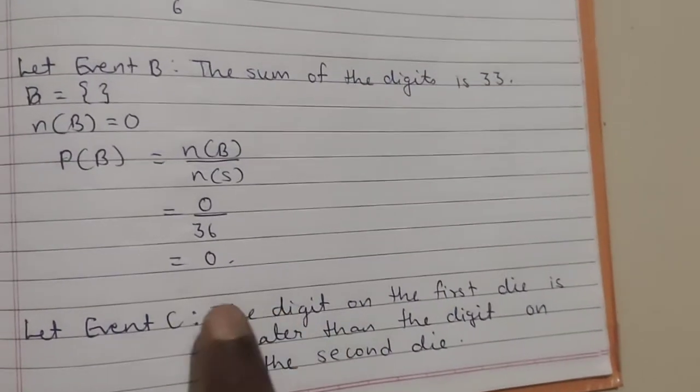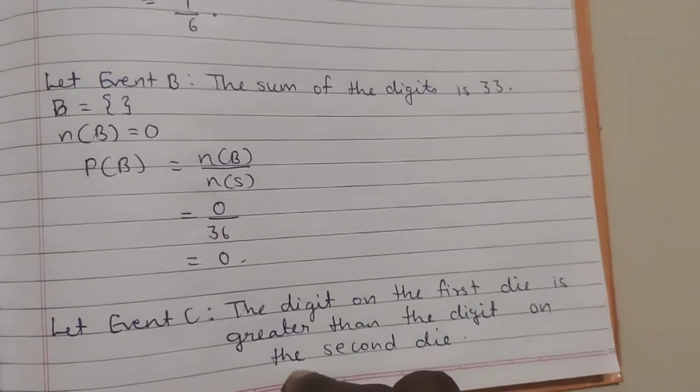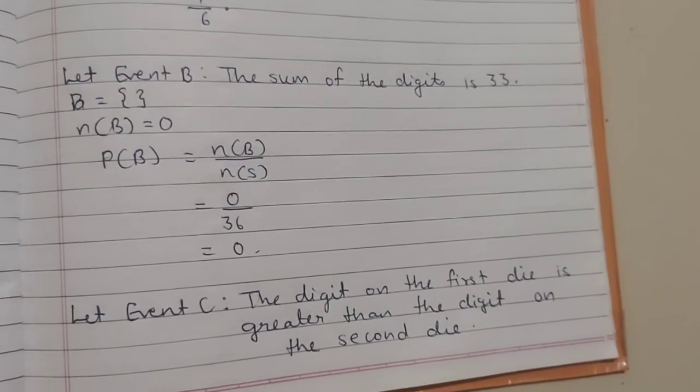This means whatever number you have on the first die should be more than on the second die.